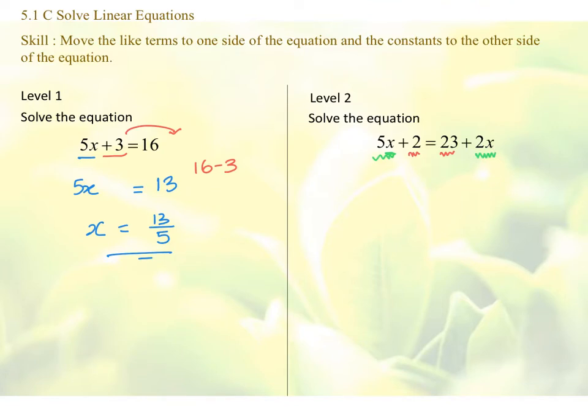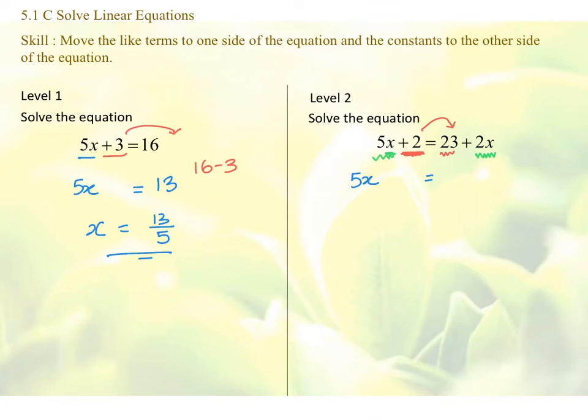The power here is also 1 for x, so we shall need to learn how to group the terms together. Let's do this one at a time. Let me shift my constant term first. So on my left hand side, I'm going to keep 5x. It's going to stay here. But I'm going to migrate a plus 2 over to the right hand side.